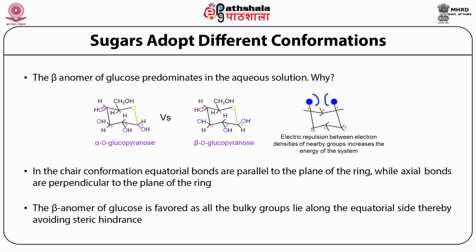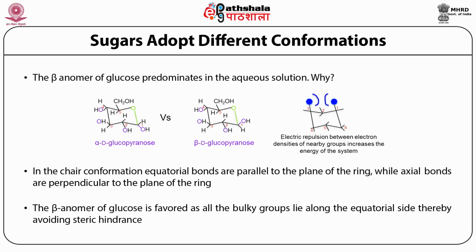Now, if you look at the placement of the hydroxyl groups in beta D-glucopyranose, you see that all the hydroxyl groups, including the one at carbon 1, are placed in the equatorial position, thereby avoiding steric hindrance within the beta D-glucopyranose structure.